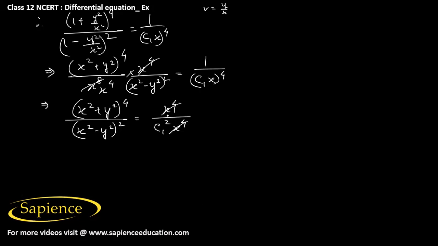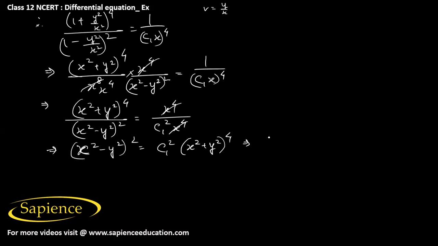So x power 4 will cancel out. Therefore, you can say that (x square minus y square) whole square will be equal to c1 square (x square plus y square) whole power 4.